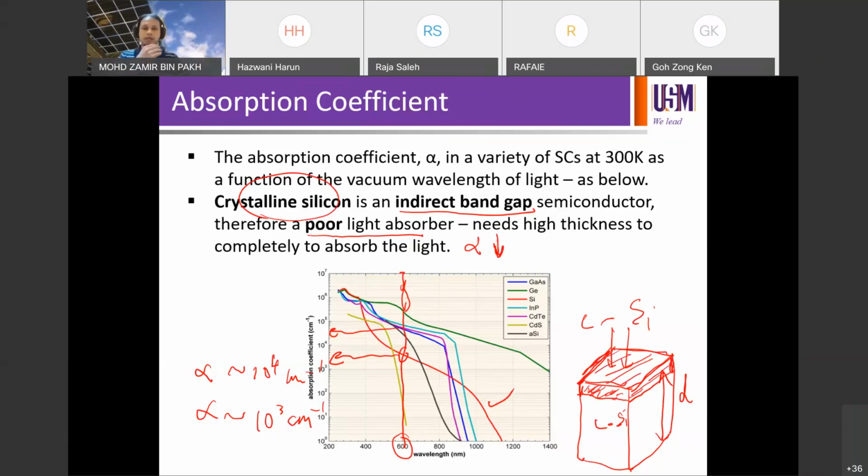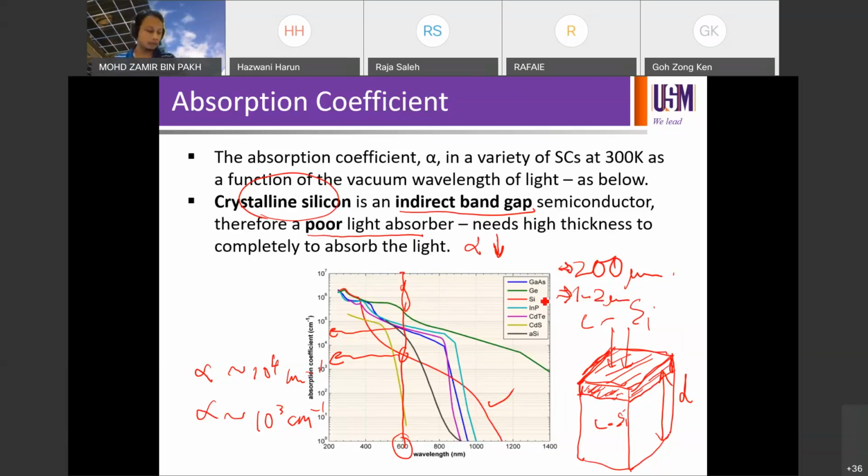So if you talk about an indirect band gap material like crystalline silicon, normally for a solar cell we need to use close to 200 micron for light absorption, and even that is not enough yet. 200 micron for a silicon solar cell, and if you talk about gallium arsenide, you may need only 1 to 2 micron in order to absorb most of the light.